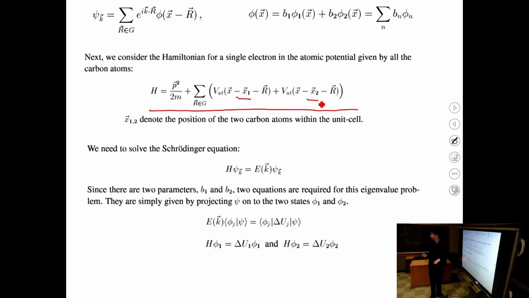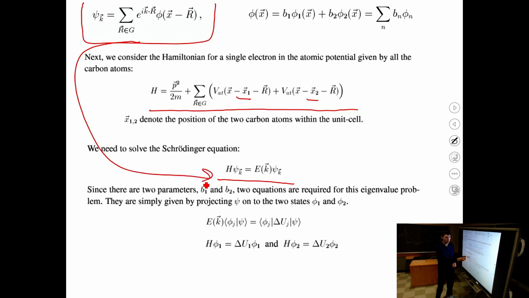So what do we need to solve to find the band structure? Very fundamentally, we need to solve the Schrödinger equation. And so we have to take the wave function and plug it into the Schrödinger equation, find E of k, find our dispersion relation, and those are going to be our bands. That's what we're going to do.